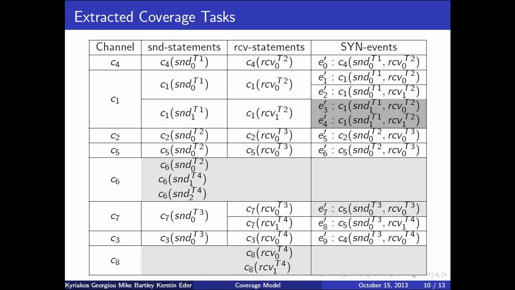The 2 events that are dark gray colored are 2 events that the user identified as not feasible to happen during any execution due to the semantics of the program.